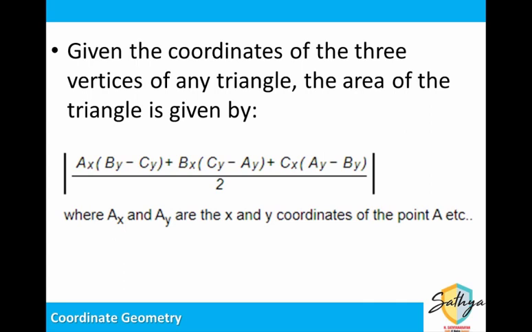Then the area of the triangle, which is bound by these three coordinates, is given by the formula on the screen. Guys, you can just memorize this formula. So if there are three coordinates AX and AY, BX and BY, CX and CY, for these three coordinates, the area of the triangle between them is given by the formula on the screen.